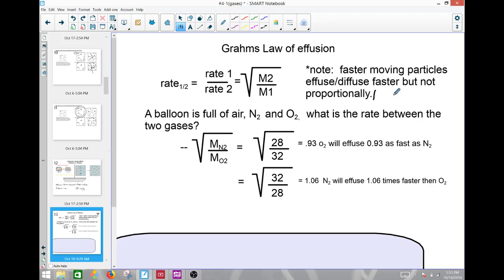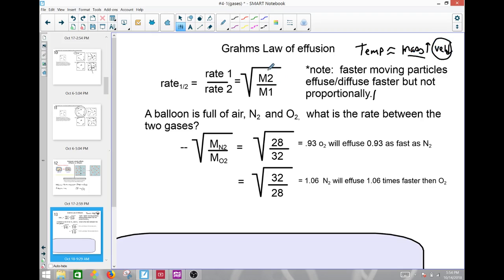And keep in mind that for a given temperature, the rate of effusion depends on the mass. Heavier particles will have a much lower velocity. So the velocity is inversely related to the molar mass of the substance.